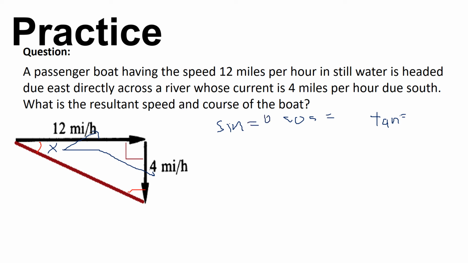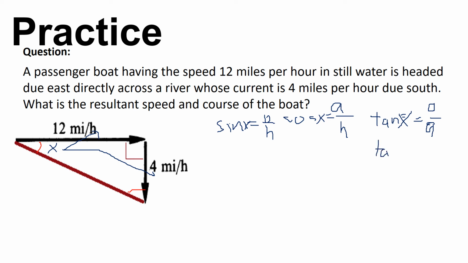Sine is opposite side over hypotenuse. Cosine is adjacent side over hypotenuse. And tangent is opposite side over adjacent side. Therefore, we use tangent.